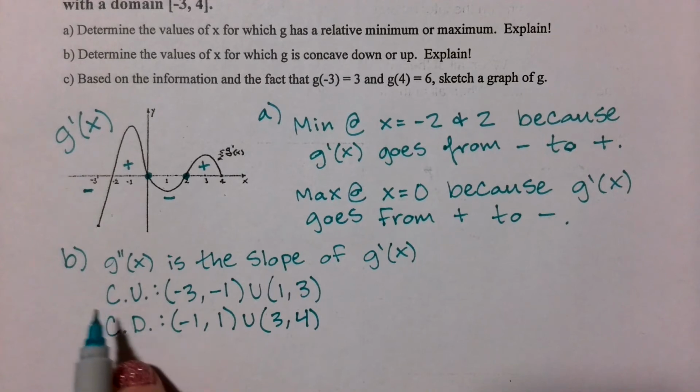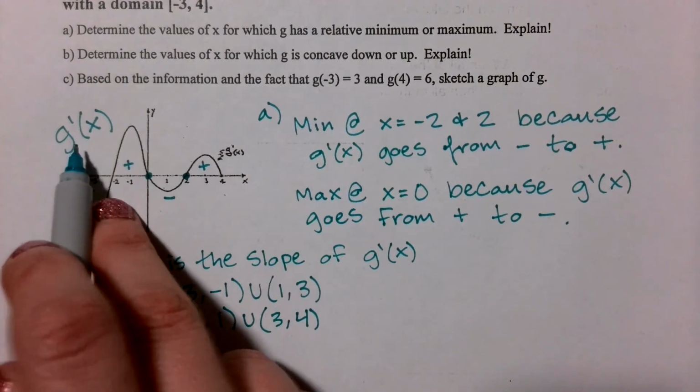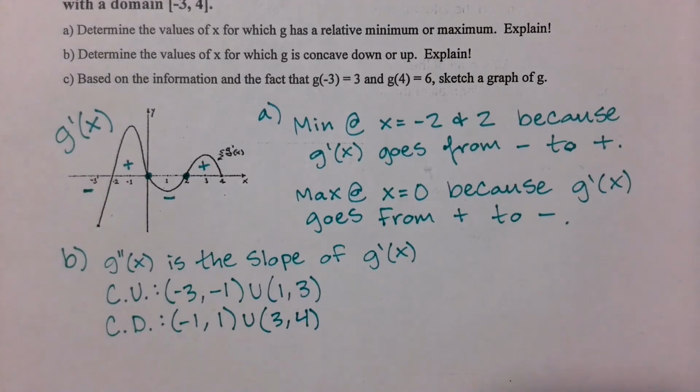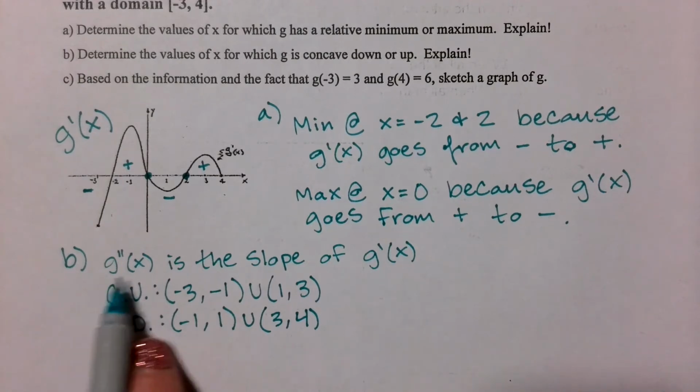For explanation, we can say that it's concave up because we could use g prime. So we could say because g prime has a slope that is increasing, or we can say because g double prime is positive. So either is fine, since we've said that g double prime is the slope of g prime.